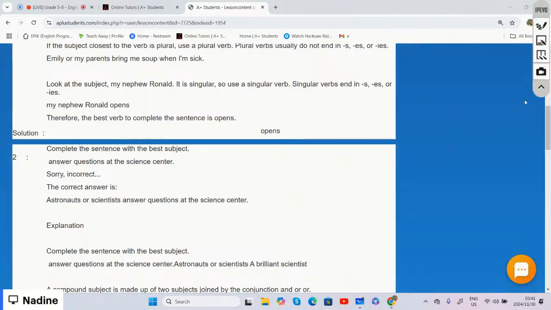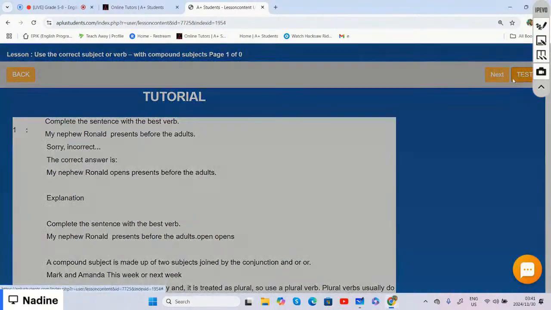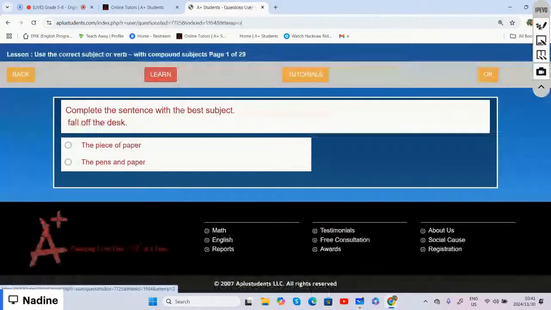Well done. All right, so now we're going to our test before we end off our lesson. It says we need to complete the sentence with the best subject.